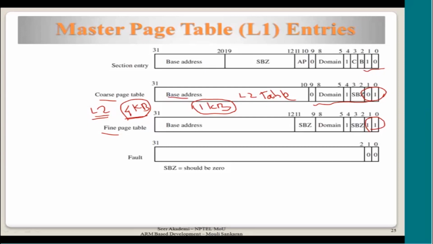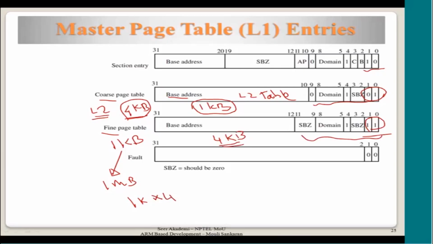If the L2 page table is a fine table, then the lower bits will have 1, and fine table means it is 1 KB pages. 1 KB pages means how many entries? 1 KB corresponds to 1 MB, so 1K entries will be there, but each is 4 bytes, so 4 kilobytes in size.